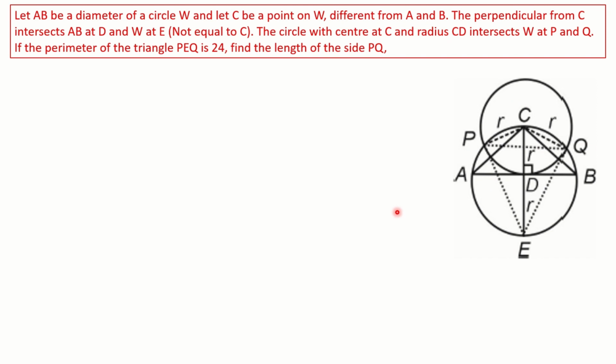If the second circle radius is R, that is CD equal to R, then PC equal to R, as well as CQ equal to R, because P and Q are points on the second circle and C is the center.